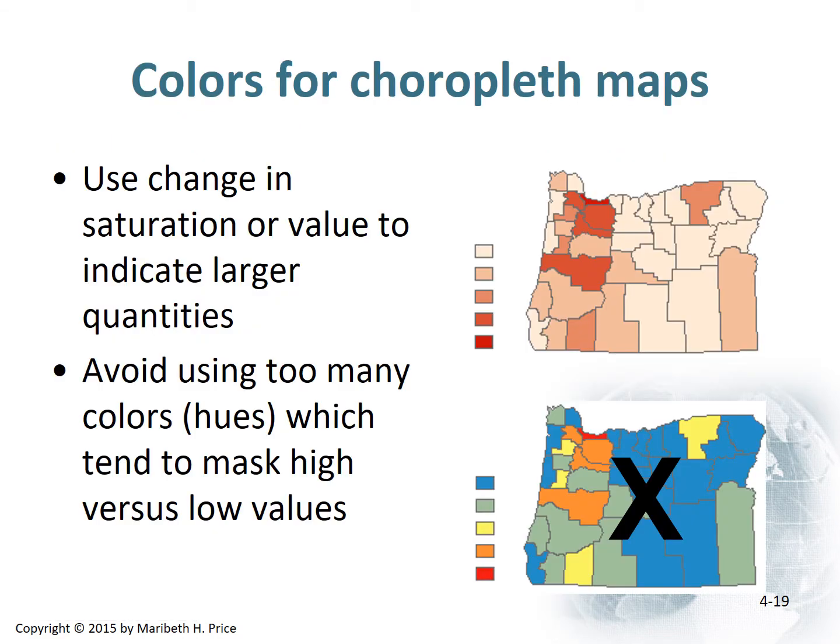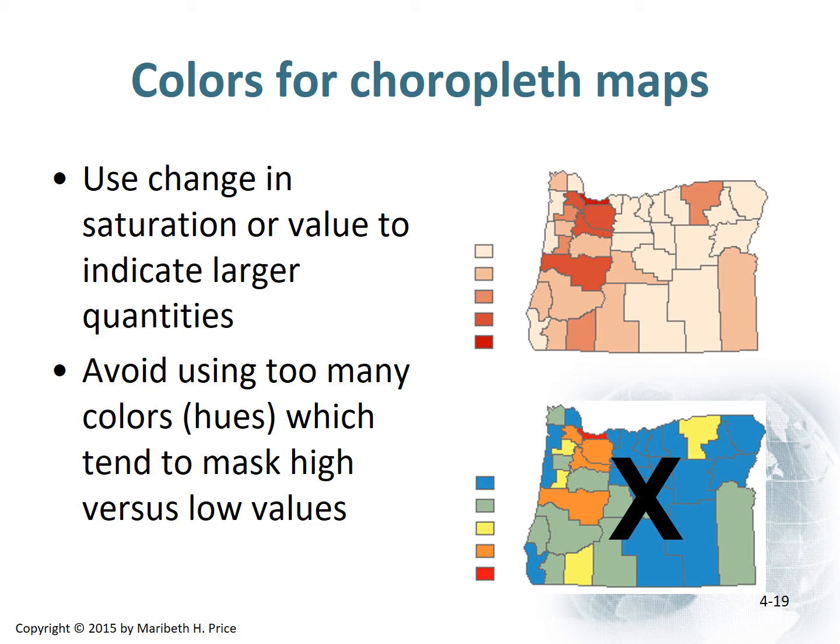We can also use colors for choropleth maps. Here we have a single color ramp. That's what we call a selection of colors that are all, for this example, shades of red. And we change the saturation. In other words, if you imagine taking a gray color and you just add a little bit of red, and then a little bit more red, all the way up until it's really, really bright red, that is how saturated that becomes in color, as opposed to just having a dull, faint light gray color.